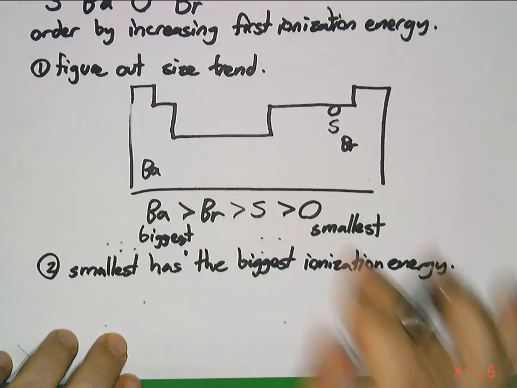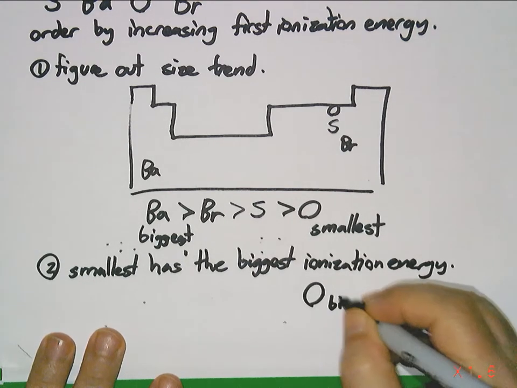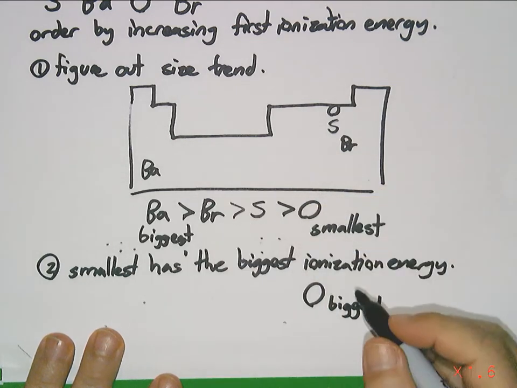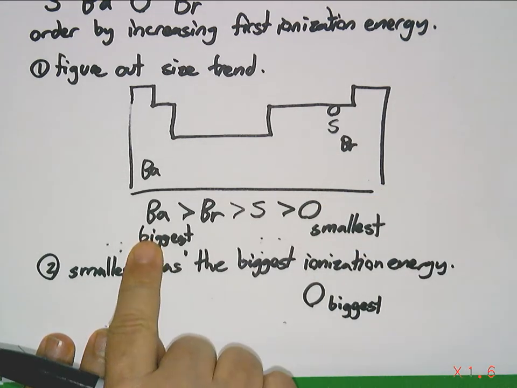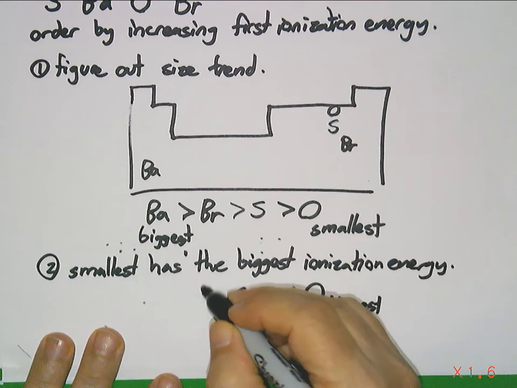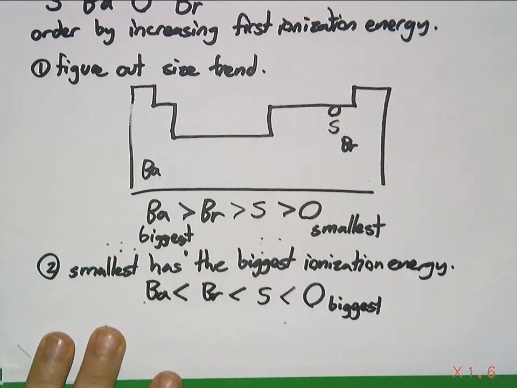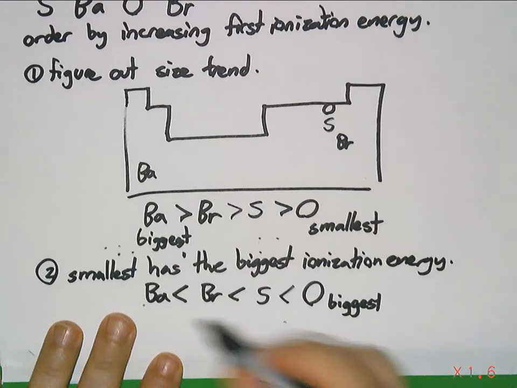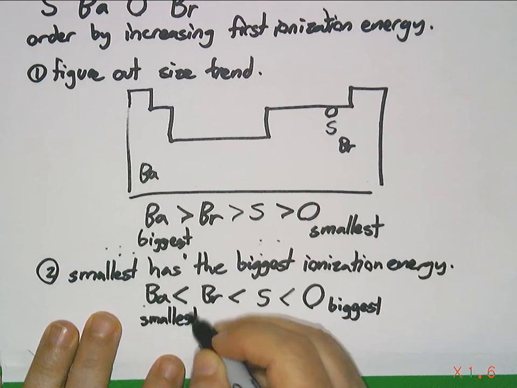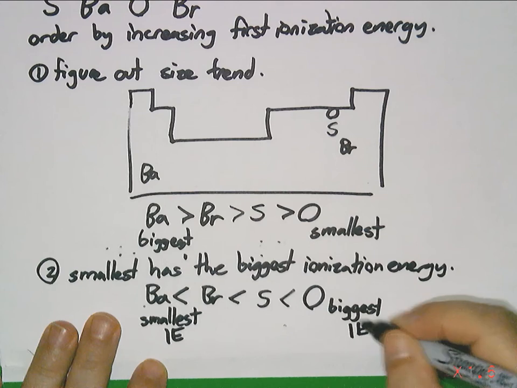Okay, so that one's going to have the biggest ionization energy. And then it's going to go in the reverse order here. The biggest one will have the smallest ionization energy. So this is in increasing order because you're starting off with the one with the smallest ionization energy. I'm going to say smallest IE for ionization energy, and this one has the biggest IE.